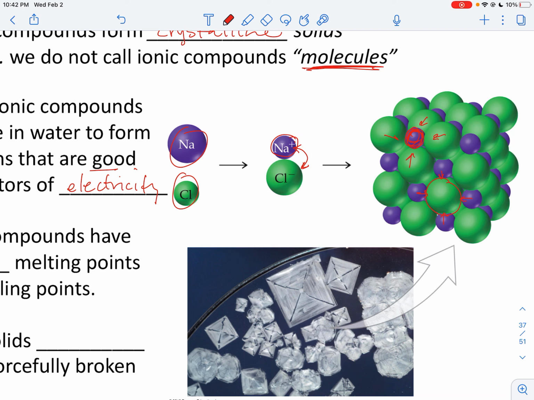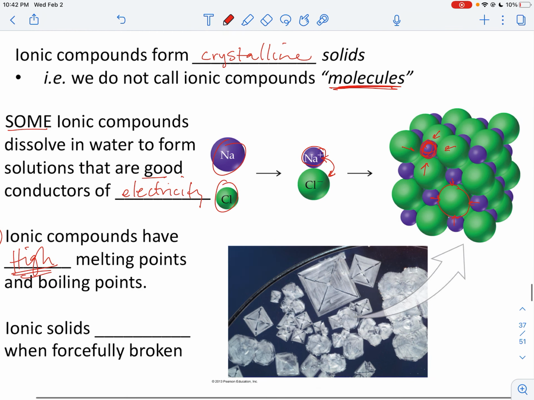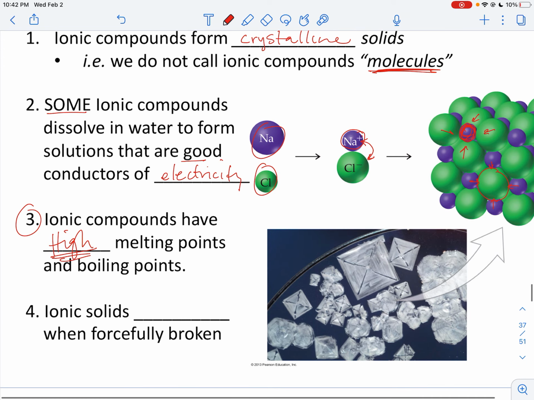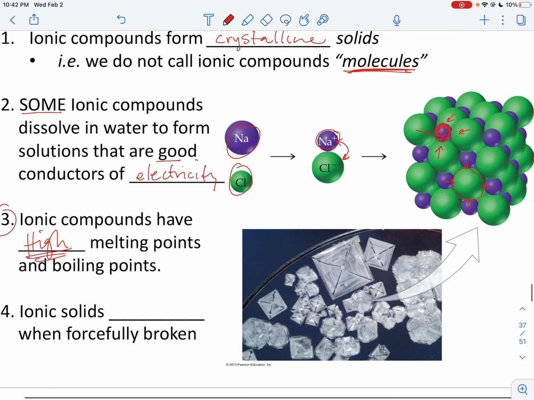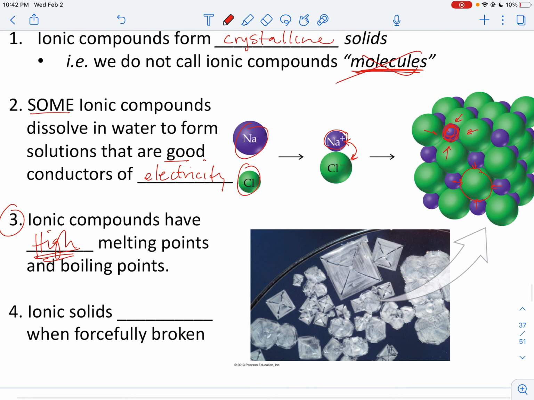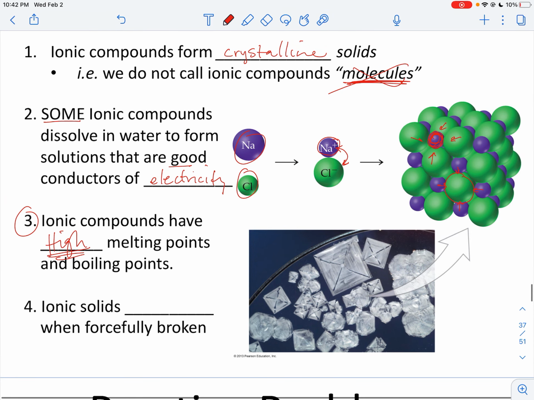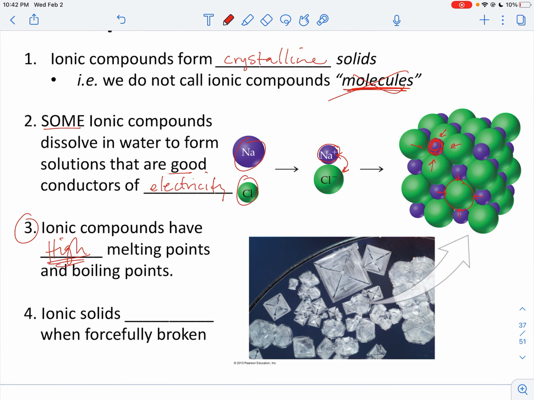Because there are all these full-on positive and negative charges and attractive forces holding all these cations and anions together, it's really hard to pull these cations and anions apart, and therefore it takes a lot of heat and a lot of energy to melt them and to boil them, or to turn them into liquids and gases.